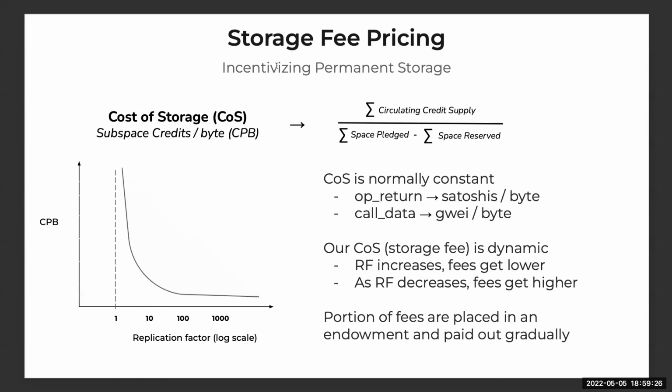Yes. For simplicity here, we just put it as 1. But basically, you can multiply the space pledged, the space reserved, by the desired replication factor and achieve the same thing. That's an open question that we haven't determined yet: what the desired replication factor is.